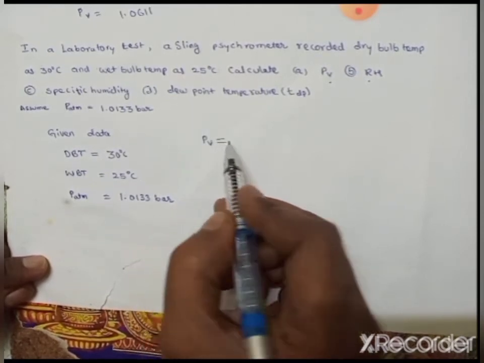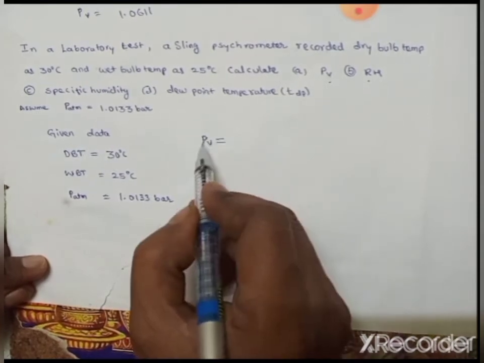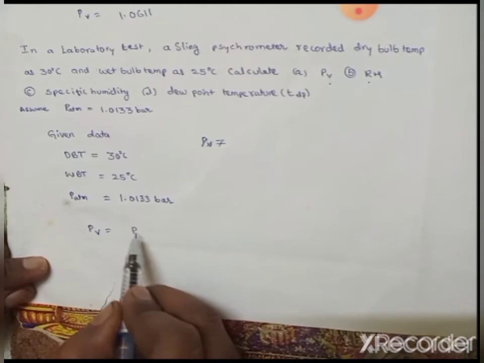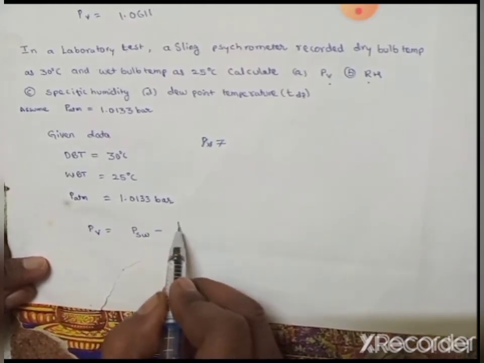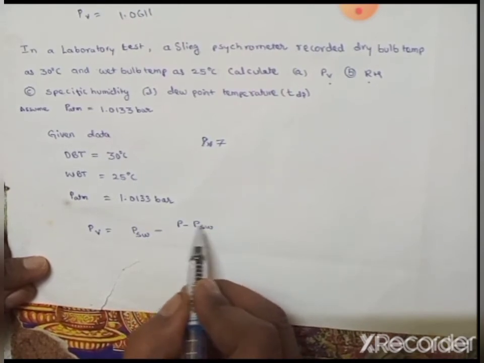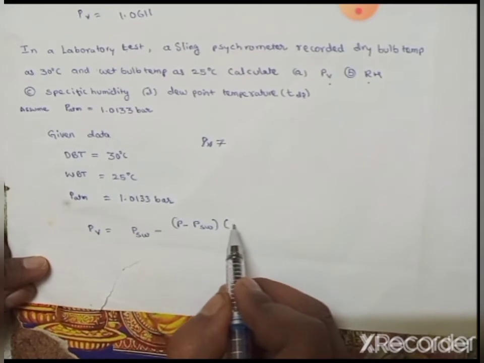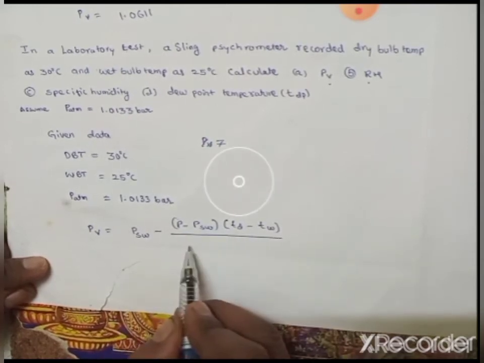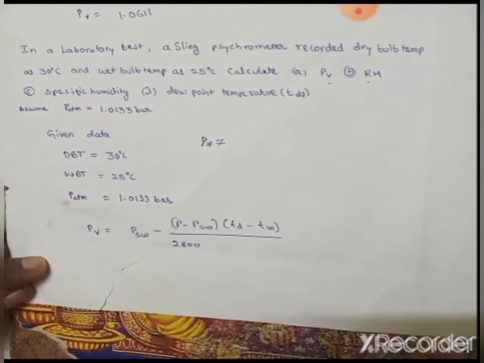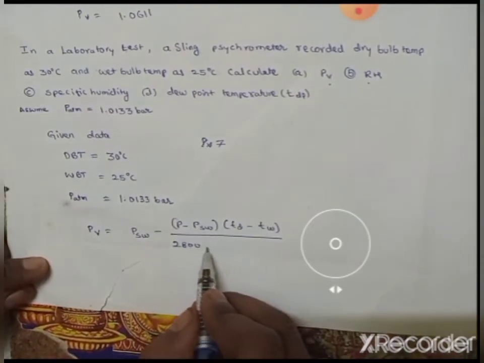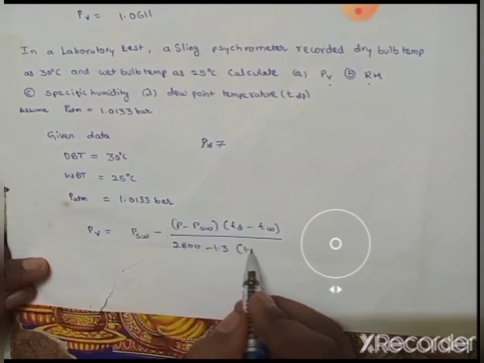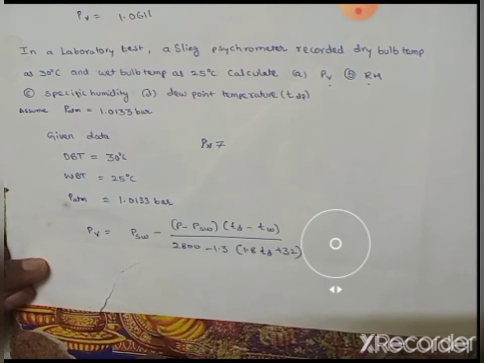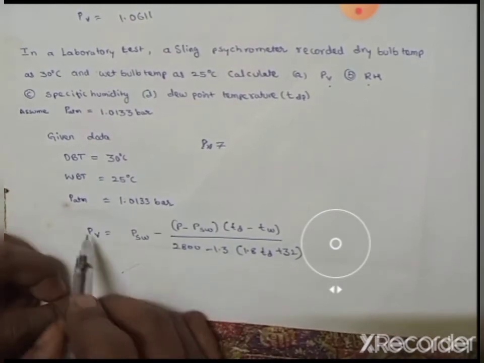According to the Carrier equation, the partial pressure of water vapor PV is equal to PSW minus P, into the dry bulb temperature minus the wet bulb temperature, divided by 2800 minus 1.3 times the wet bulb temperature, times 1.8 dry bulb temperature plus 32.